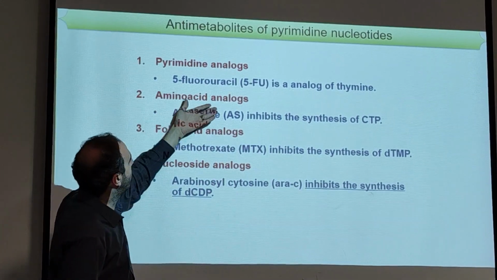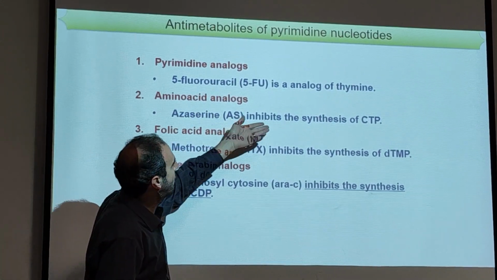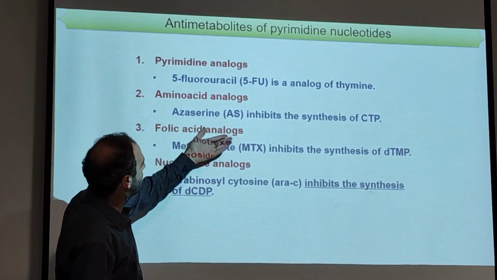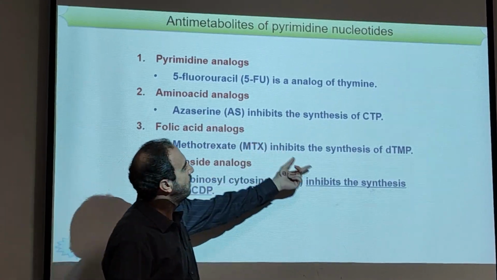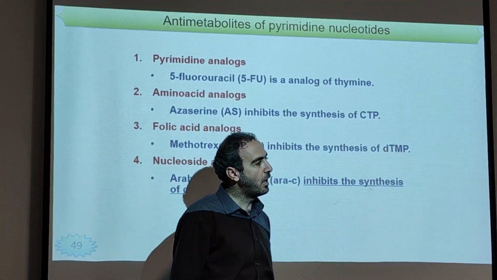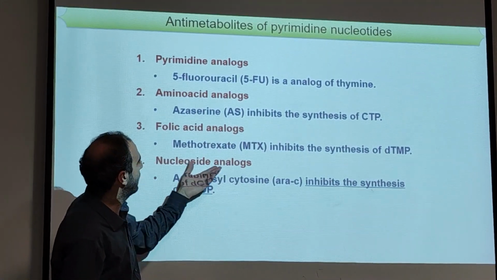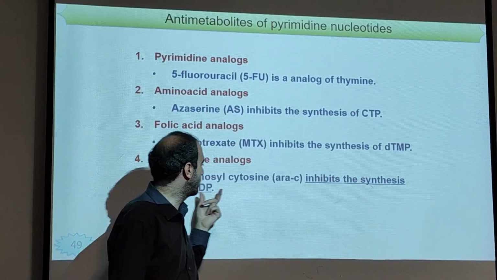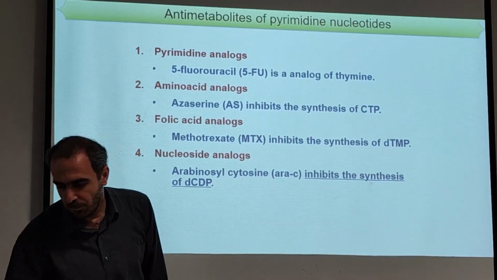Okay. Azaserine, an amino acid analog, inhibits the synthesis of CTP. Folic acid analog, methotrexate, inhibits synthesis of thymine. And the nucleic acid analog, arabinosyl cytosine, or Ara-C, inhibits synthesis of CDP.